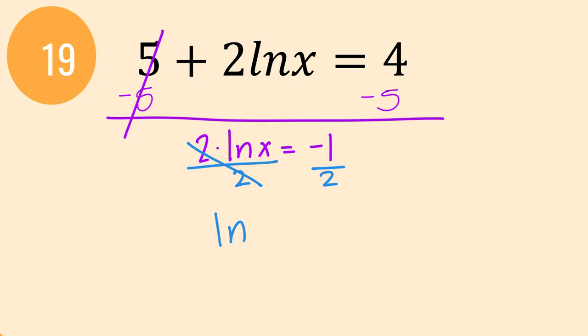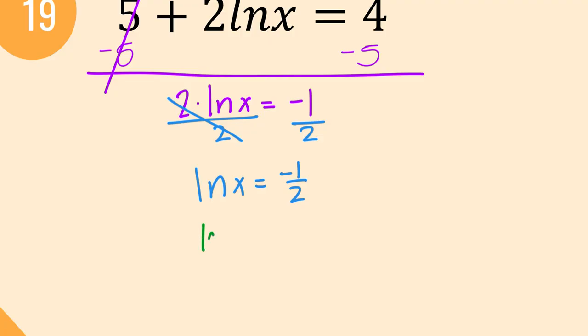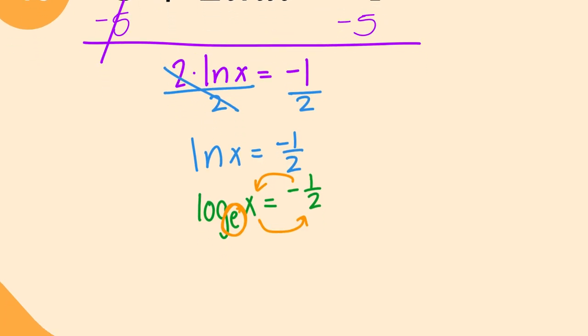You're going to get ln of x equals -1/2. I'm going to go ahead and change that ln to log base e of x equals -1/2. And I'm going to switch things around. Because I have log on one side, I'm changing it to exponential. e to the power of -1/2 equals x.